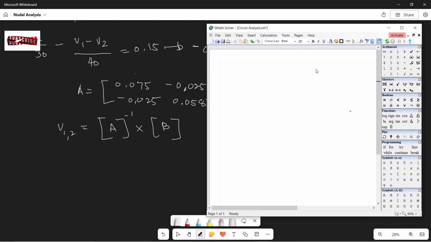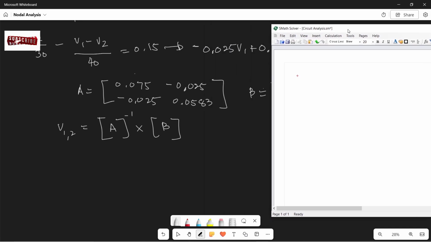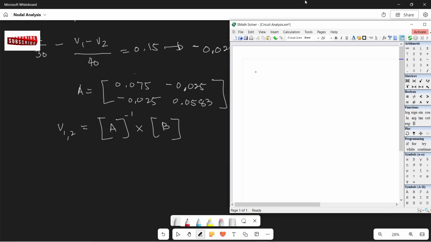Okay, I have the SMAT solver here. We're going to plug in the values of matrix A and matrix B. For matrix A, a 2x2 matrix: 0.075, negative 0.025, negative 0.025, and 0.0583.